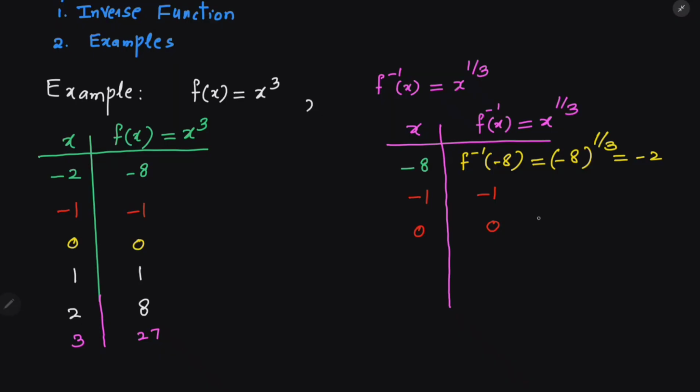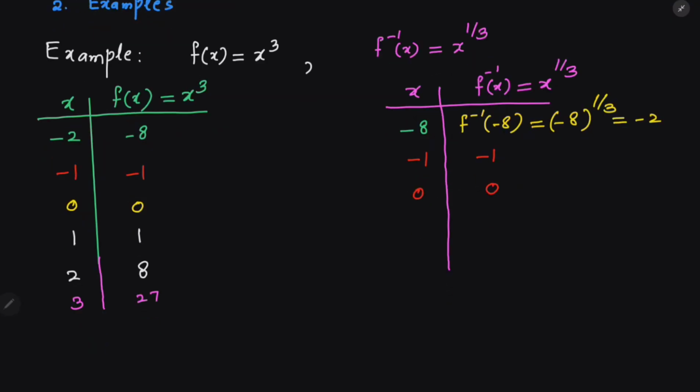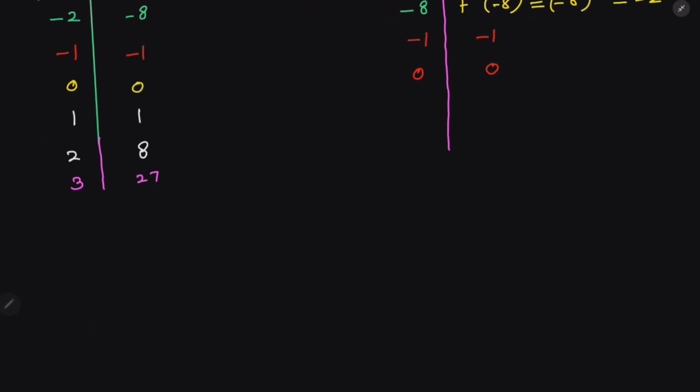So from domain to range, we have this table, and from the range, from minus 8, to the inverse function, we have this value over here.